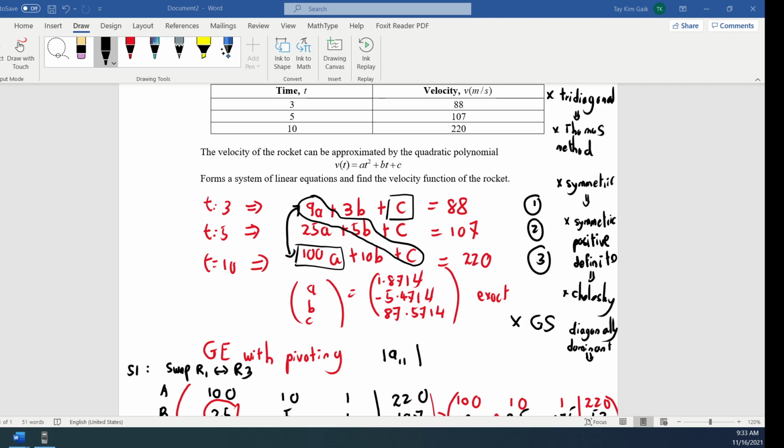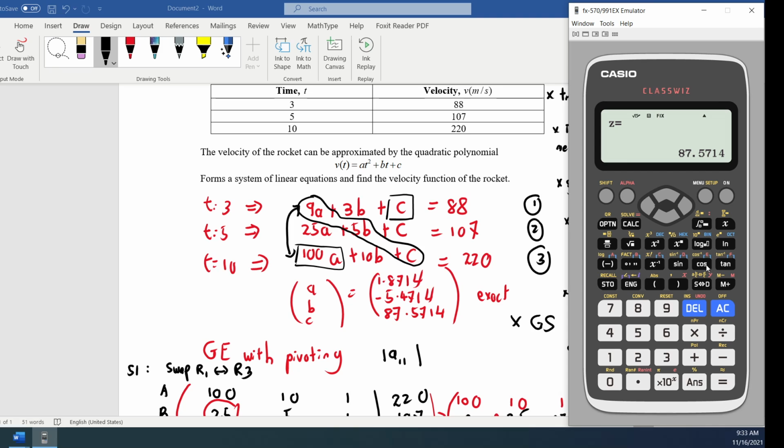I hope you can really understand these 5 methods. Only 5 methods. Compared to your seniors last time, they learned everything: Crout, Doolittle, Thomas algorithm. You have only 5 methods, so it's not much, and you are lucky you have a calculator where you can key in the formula.